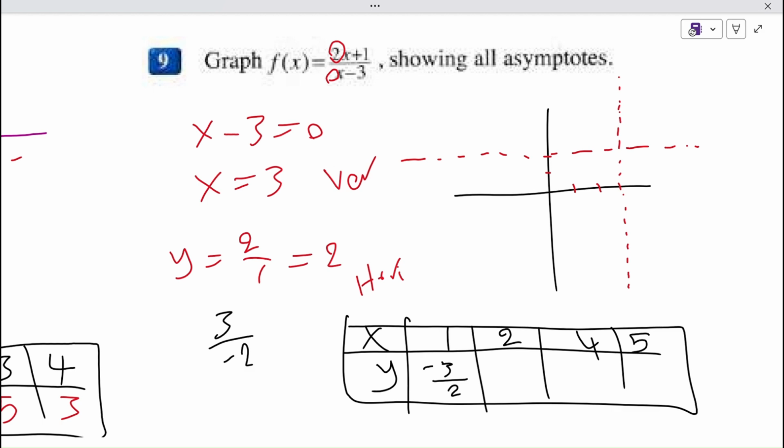Then we will find that this function is here. Why? Because look, before this x we have a positive sign. If we have the positive sign, our graph will be like this. But if we have minus this rational function, our graph will be like this.